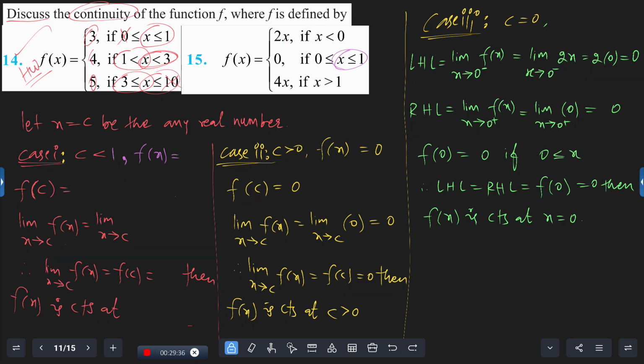The x side should be the smaller side. So we have 0, f of c also 0. Here also 0 equal to 0. So the limit as x tends to c, f of x, f of c, everything becomes 0. So at c less than 1, this will be continuous. We have tried. That's it.